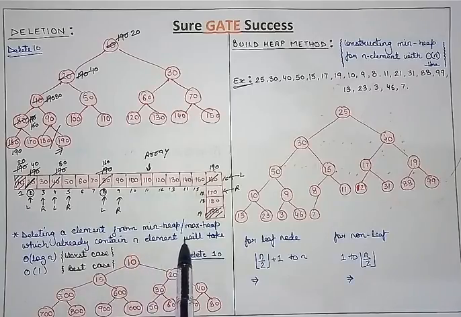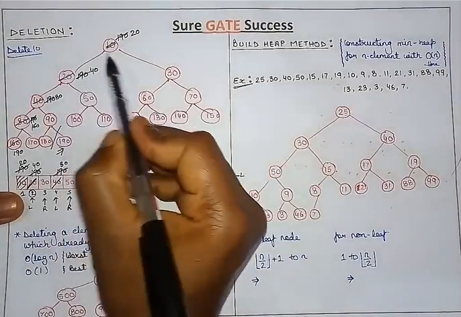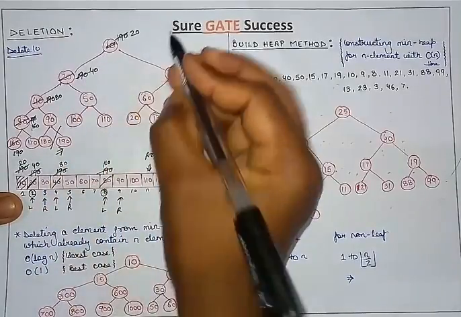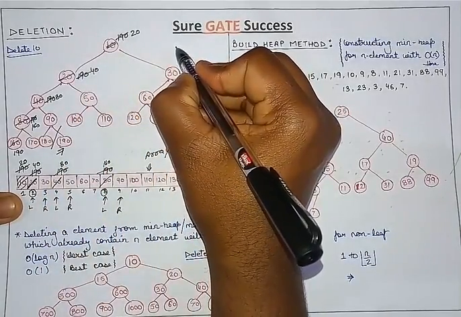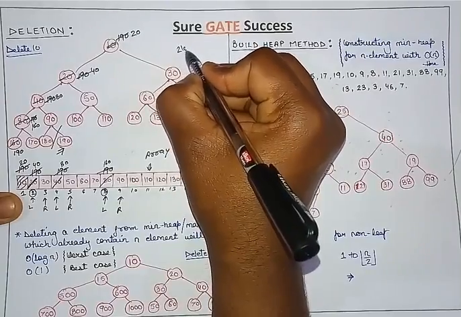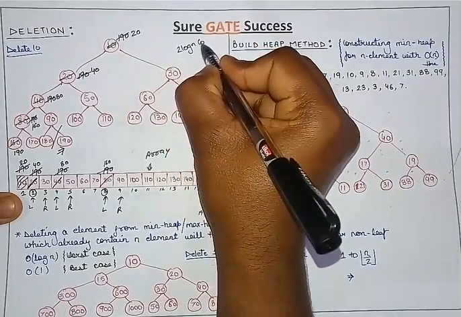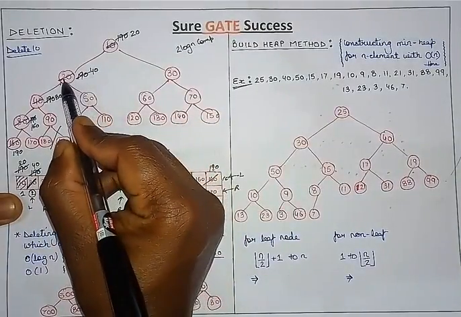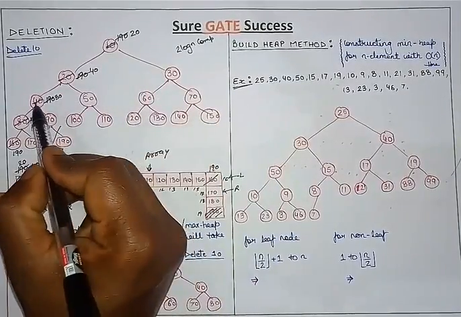Deleting an element from a min heap or max heap which already contains elements will take order of log n, as we have seen in insertion also. In the deletion also, we have moved along a particular path. That means there will be 2 log n comparisons, because we have to compare with both of the children: log n for this, log n for this, similarly log n for this.